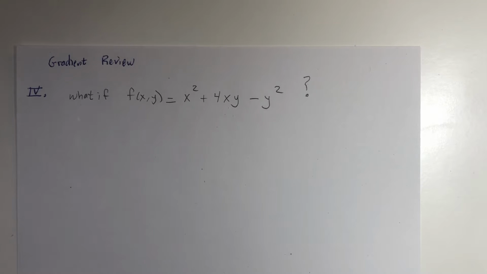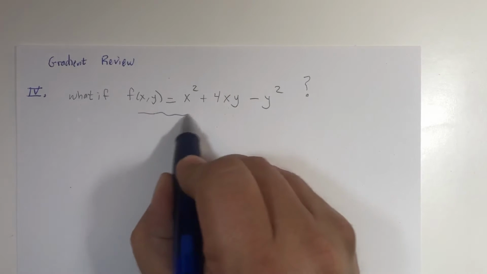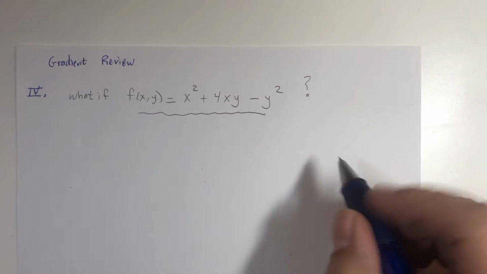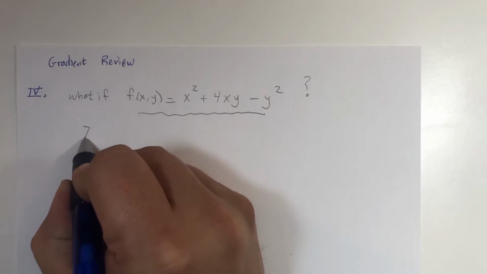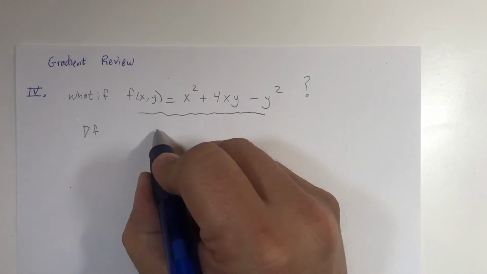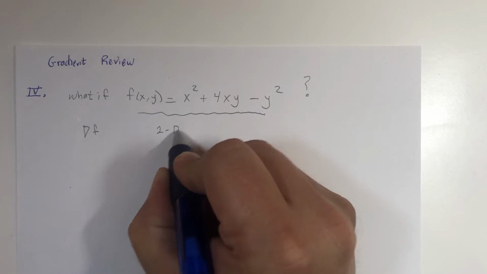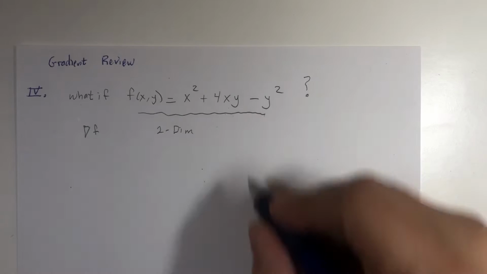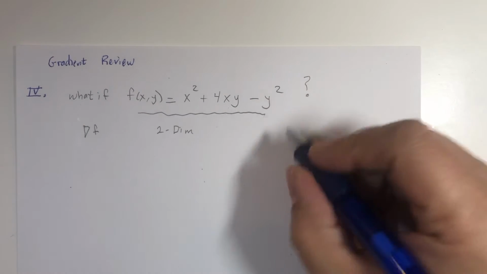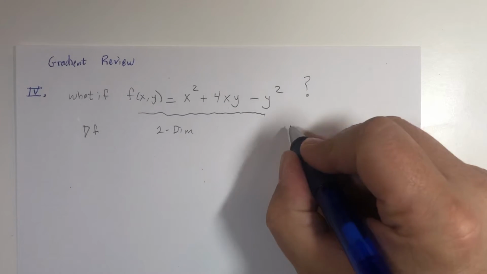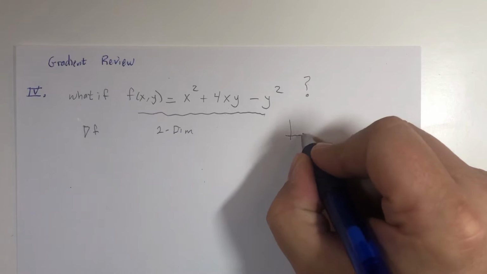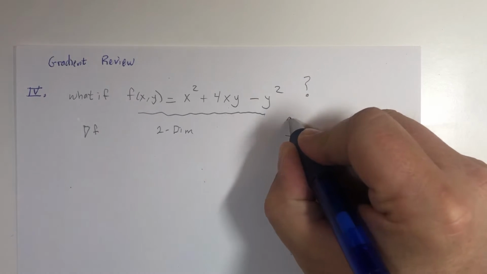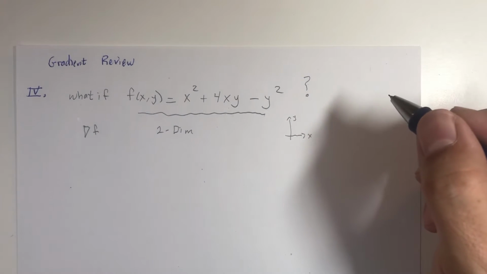So, if we were to take this function as it's written and calculate its gradient, this is going to give you a two-dimensional calculation. The problem with a two-dimensional calculation is it only gives you a vector in the xy plane.